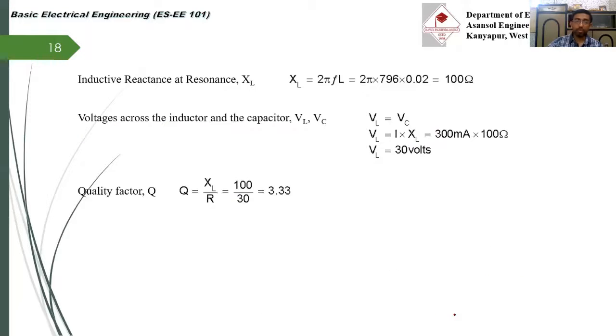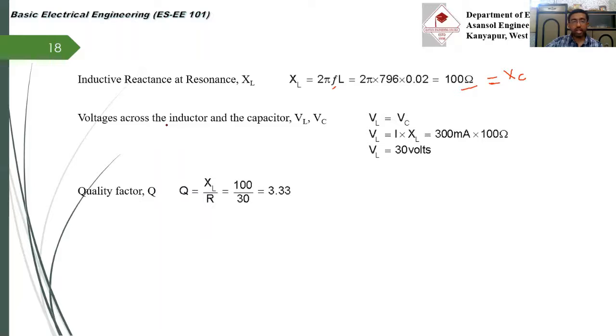Clear? Now, what is the inductive reactance at resonance frequency? You already know F value is 796 and XL equals 2 pi FL. So put the value of F and L. The value is 100 ohm. So without calculating anything, you can also say that this is equal to XC, in ohm.